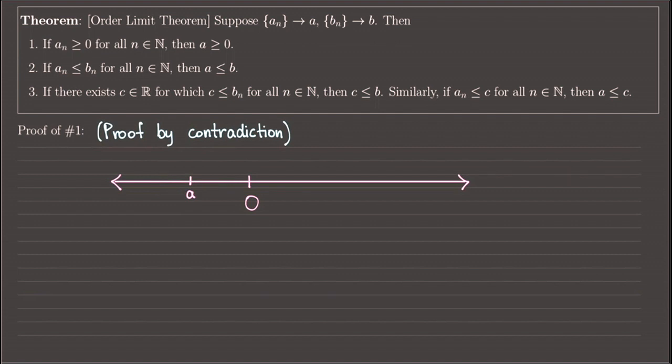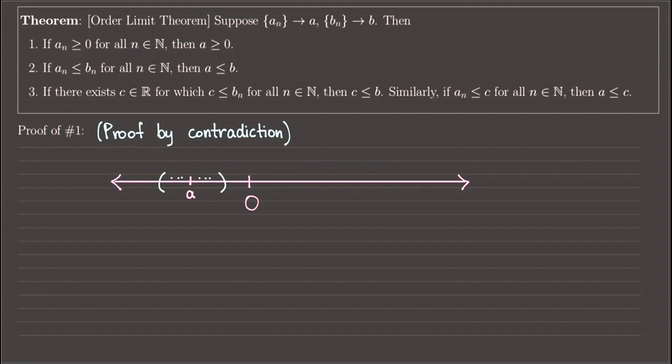In particular, if we choose epsilon so that a plus epsilon is over here to the right and a minus epsilon is over here to the left, then according to the definition of convergence, we should be able to find infinitely many points from our sequence which live within distance epsilon of the limit, but that puts them to the left of 0. That violates our hypothesis that they're non-negative, and that's going to be our contradiction.